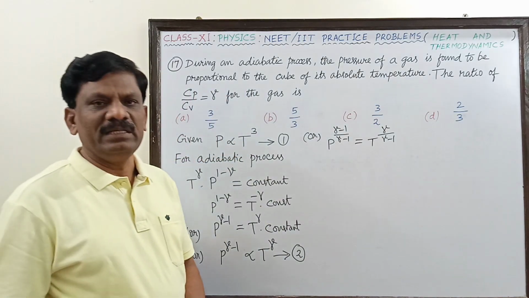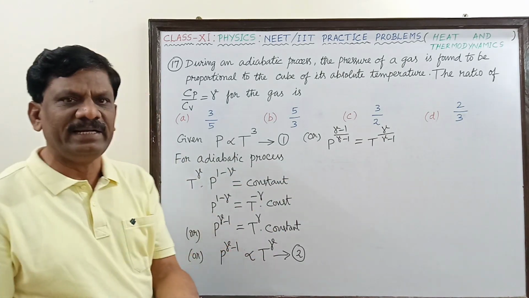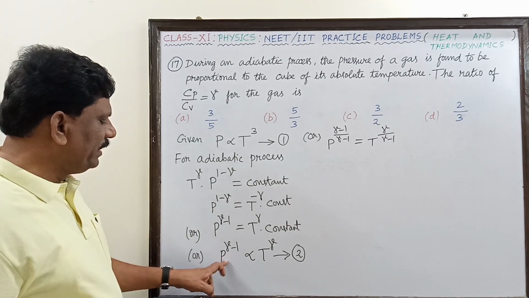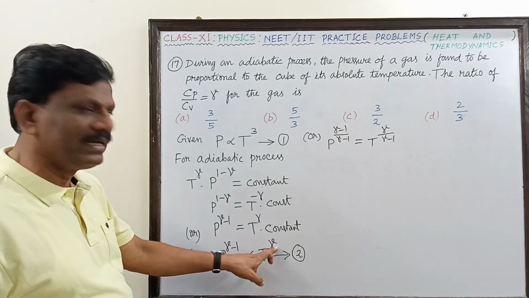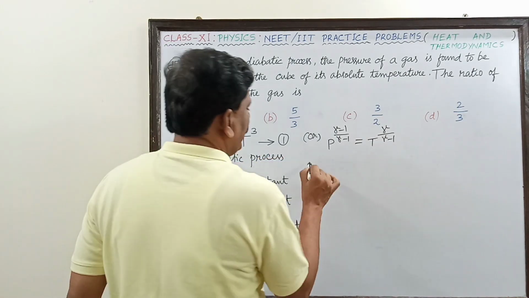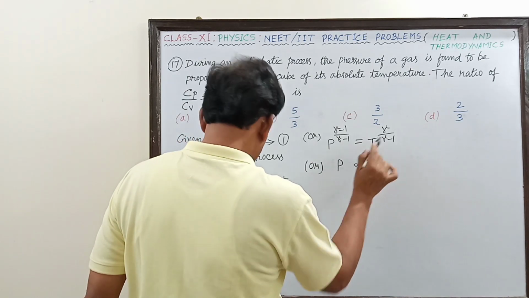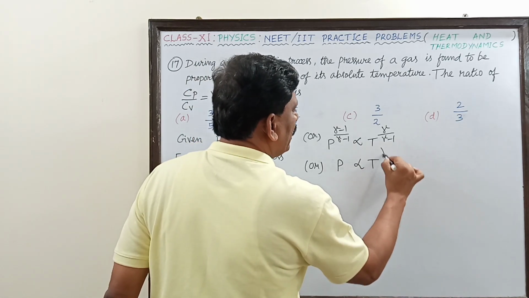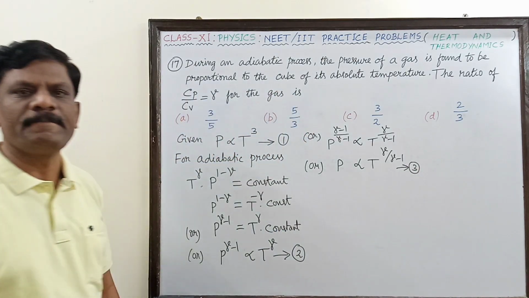Mathematically we can adjust the powers like this. When left hand side is proportional to right hand side, the powers can be divided by the same entity. So P is now proportional to T raised to the power gamma divided by gamma minus 1, and this is our expression 3.